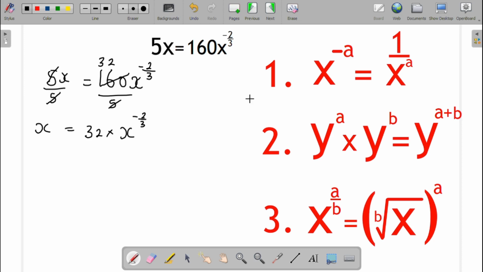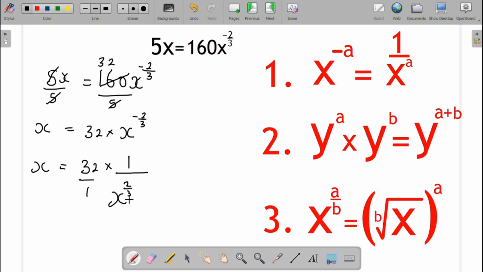Now applying this rule over here, you have x is equal to 32 times 1 over x raised to power 2 over 3, over 1, right?